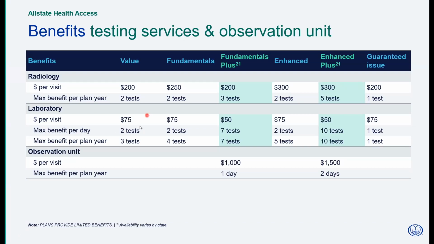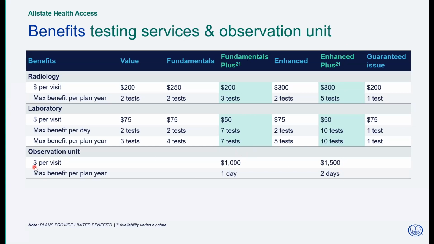Okay, great. So once again, we're going to go to the observation unit. Once we get past this, guys, it passes by pretty fast. The observation unit is not available with the value, the fundamental, the enhanced, nor the guaranteed issue. It is only available with the fundamental plus and the enhanced plus.